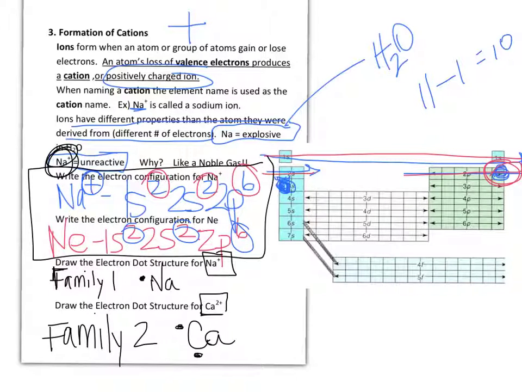So we have to lose that electron, and when we do, it becomes a positive charge. And calcium, when it loses its electrons, because of course it's easier to lose 2 than get 6, calcium will have 2+. Okay, so you don't have any electrons around those atoms.